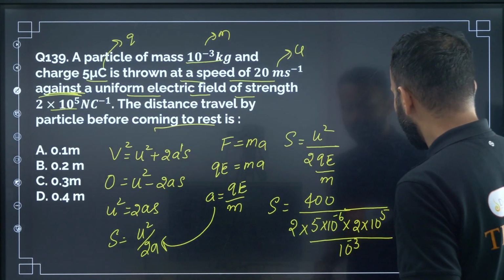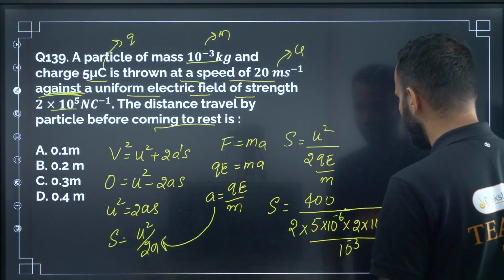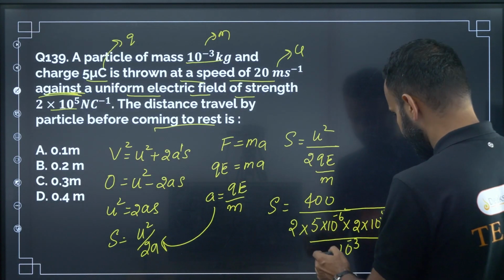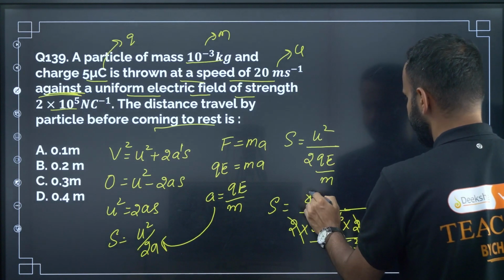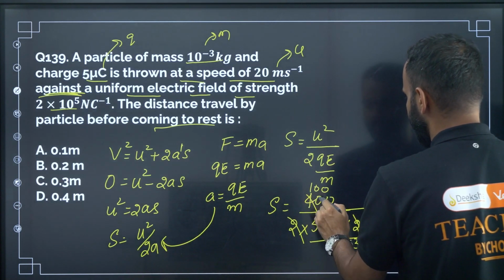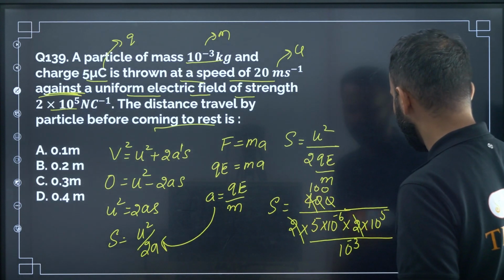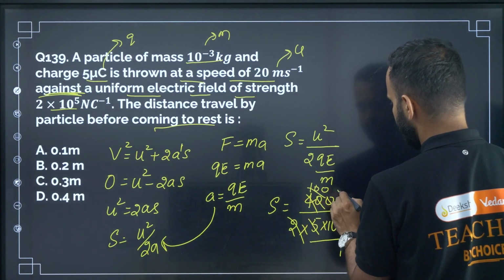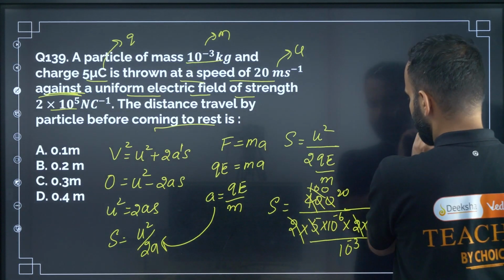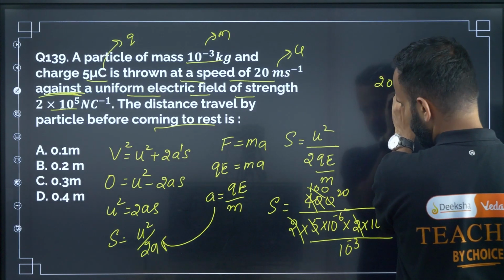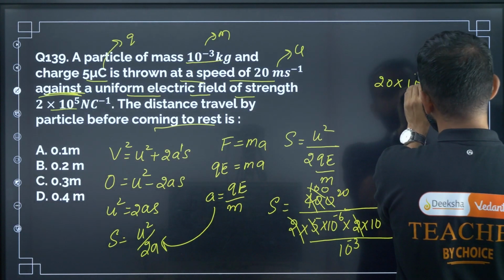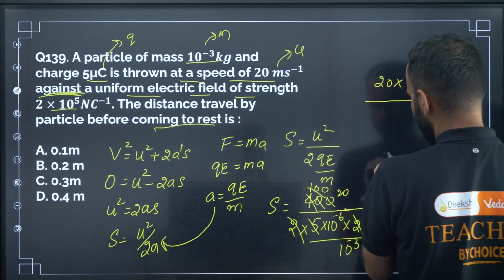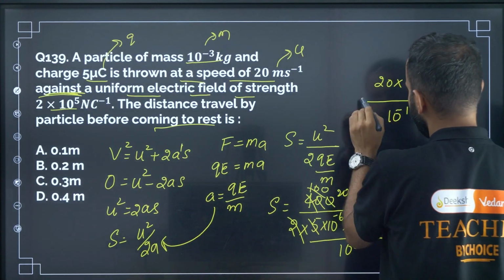Now here 2 into 2 is 4, so this will be 100. 100 divided by 5 is 20. So 20 into 10 to the power minus 3 divided by 10 to the power minus 1.